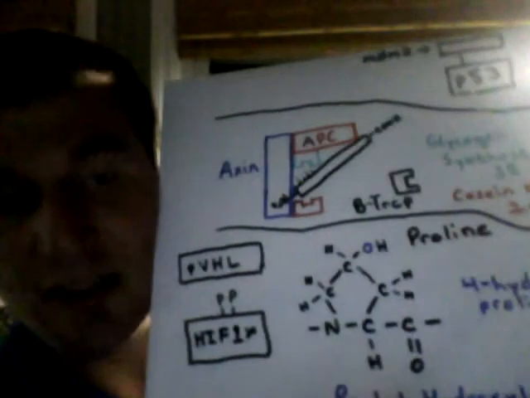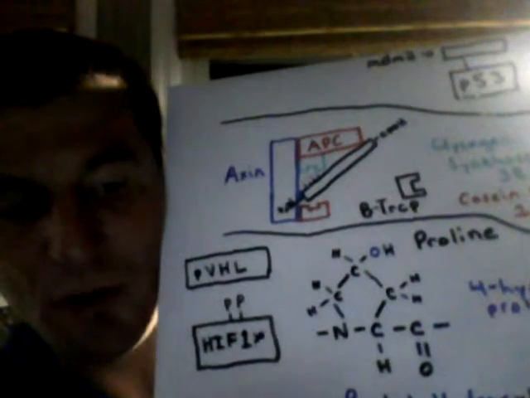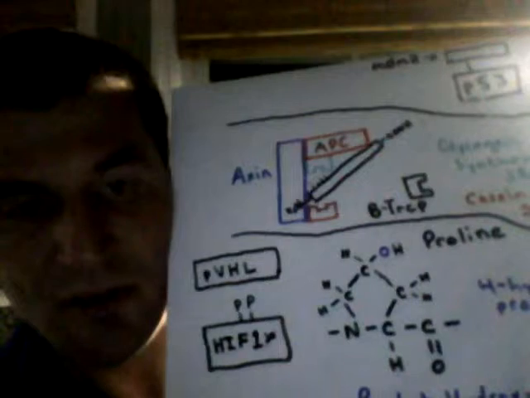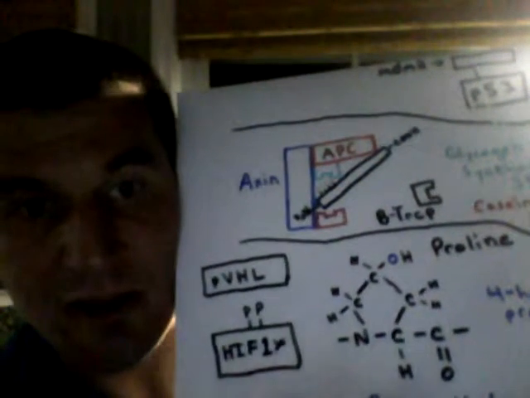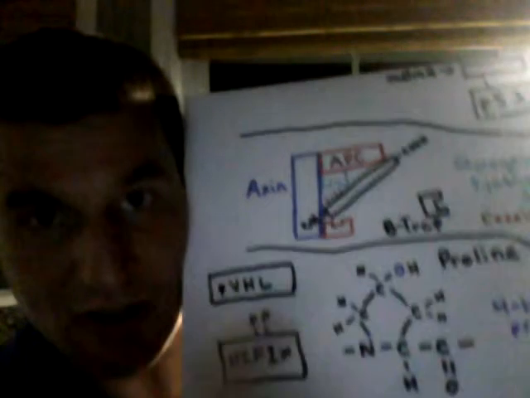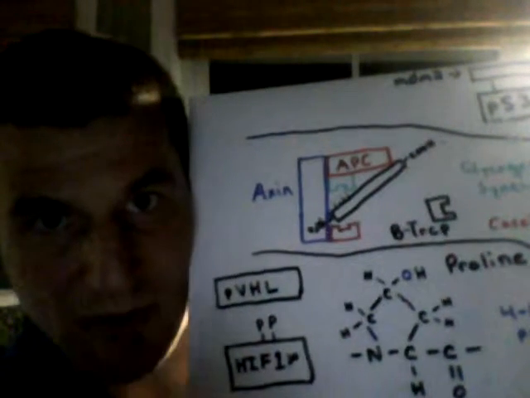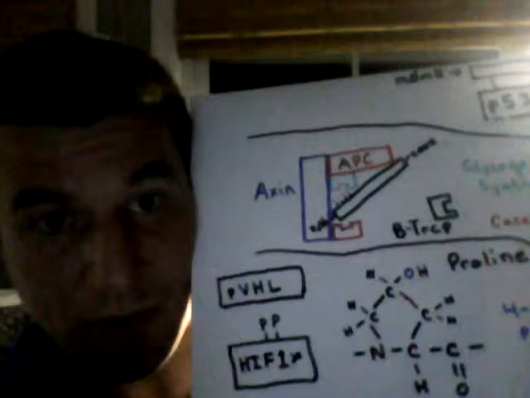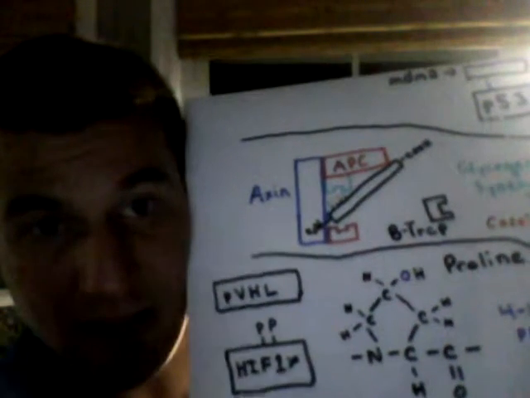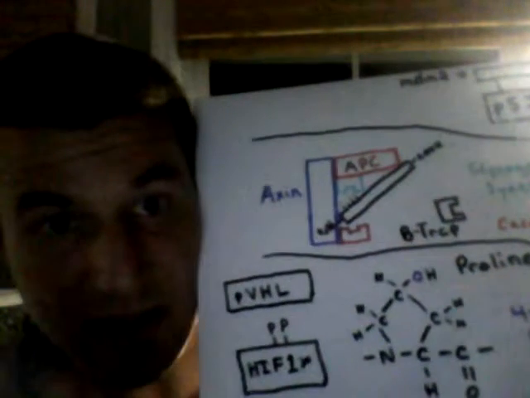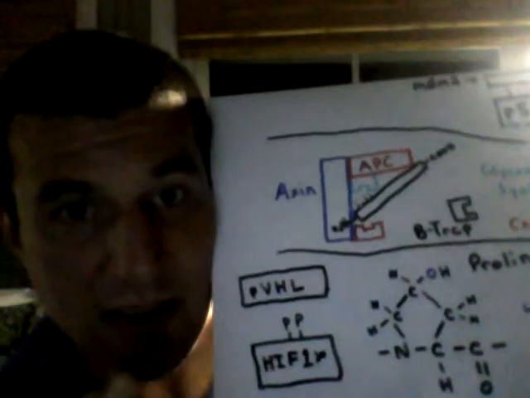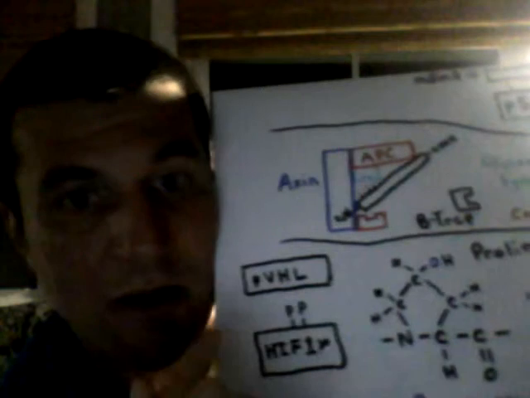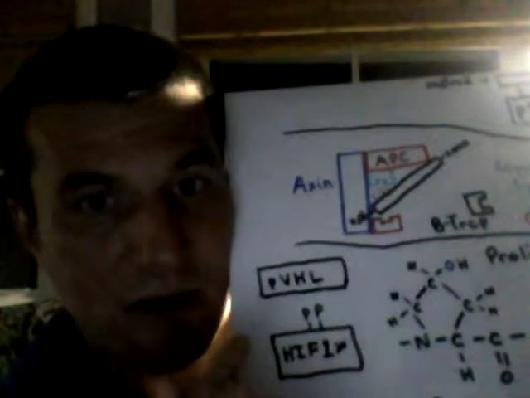But in normoxic conditions, in conditions where there's enough oxygen for the cell to survive and thrive, HIF1 alpha is made and destroyed, just like beta-catenin and just like P53. They're proteins that are constantly being made in the cell and constantly being destroyed until they're needed. So right here on hypoxia-inducible factor 1 alpha, there's 2 prolines right here.